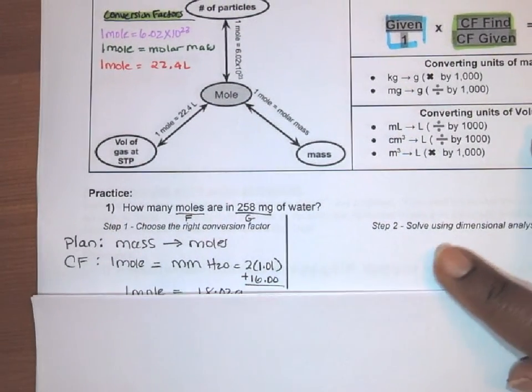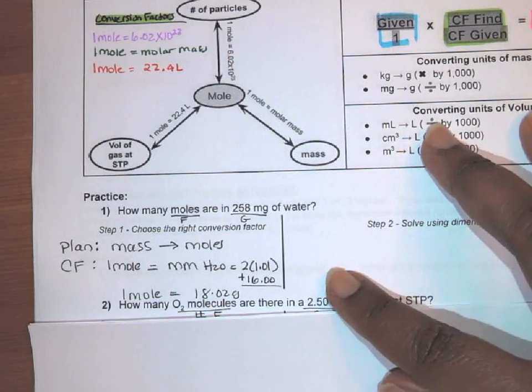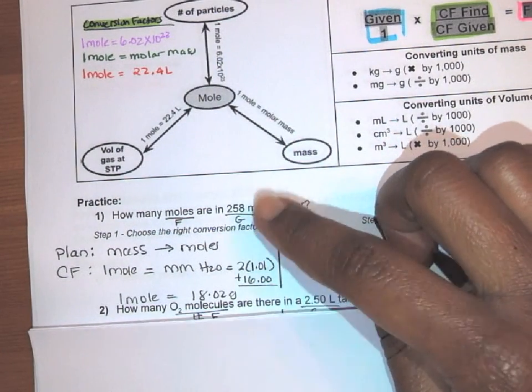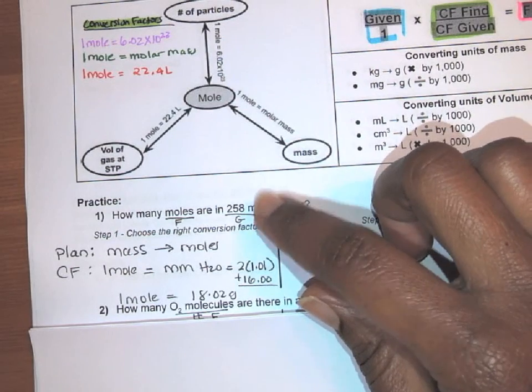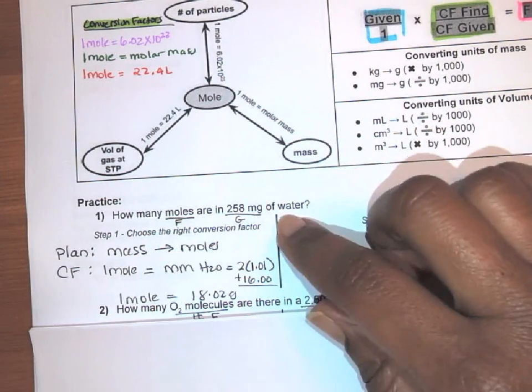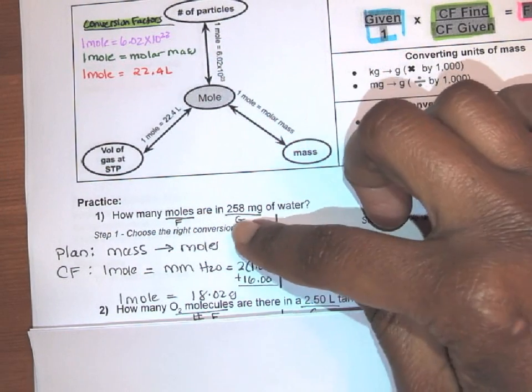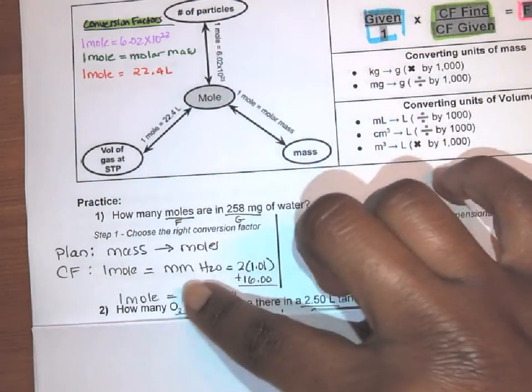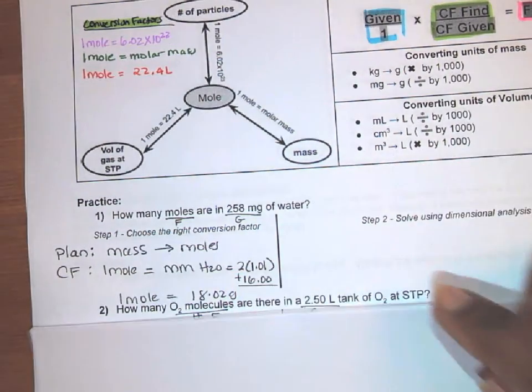Okay, so here, going with problem 1. The given in this problem is 258 milligrams, because that has a number. So grams implies mass, so we're starting with mass, and we're asked to find moles. So we're going from mass to moles. The conversion factor for that will be 1 mole is equal to the molar mass of water.